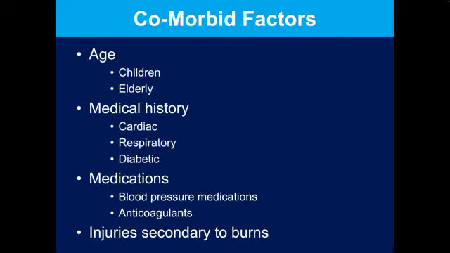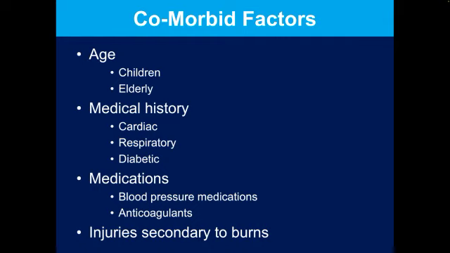When it comes to medical histories, if this person has a cardiac history, respiratory history, diabetes, all these things add up to the fact that they might not survive their burns, whereas a young, healthy person might. Medications: if this person is on blood pressure medications, such as alpha blockers or beta blockers, these can affect their ability to survive and compensate for whatever's going on.